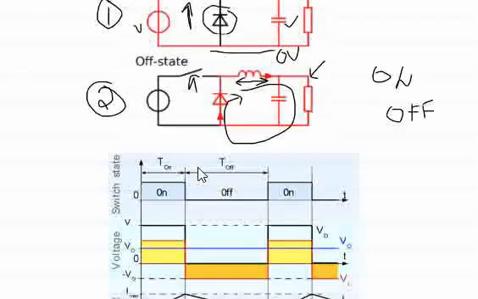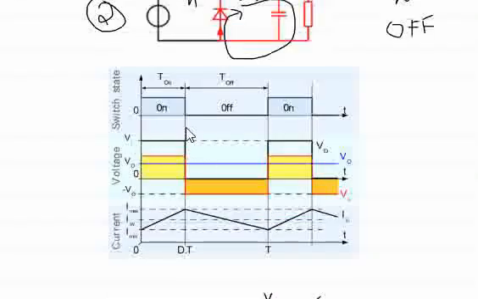If you scroll down, we can see here the waveforms, which explain the input versus output voltage based on the switch state.